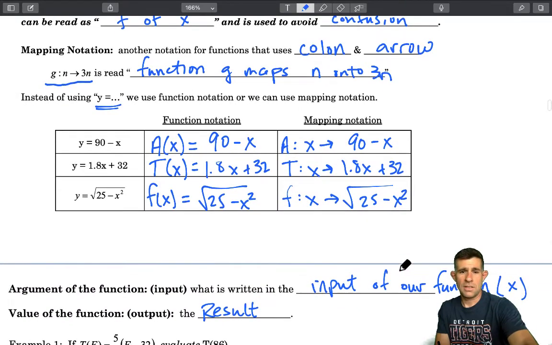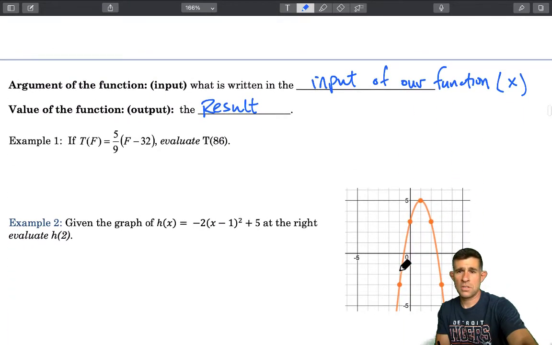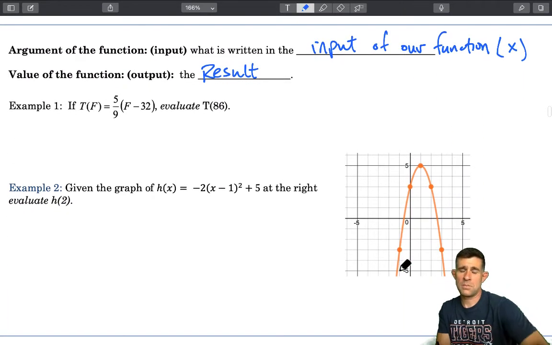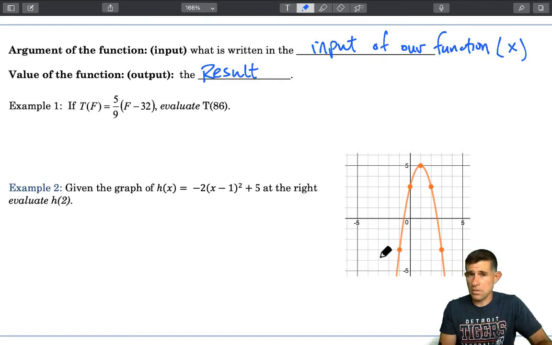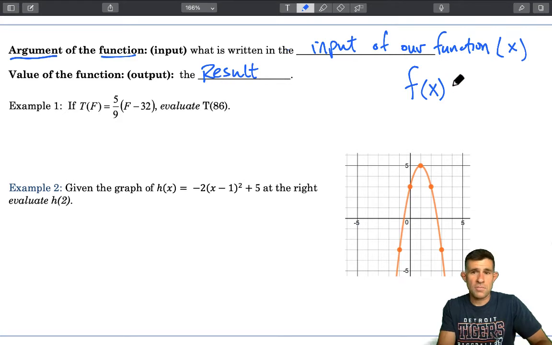All right. Let's get a few more terms and jump into some example problems. So far in this unit this year, we've learned that the independent variable is known as the input. It is the x value in our equation. Today, we're also going to learn that this is called the argument of the function, and it's often seen in the parentheses in the function notation, f of x.